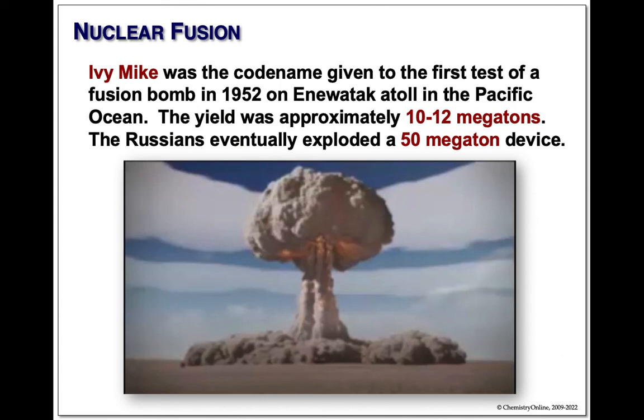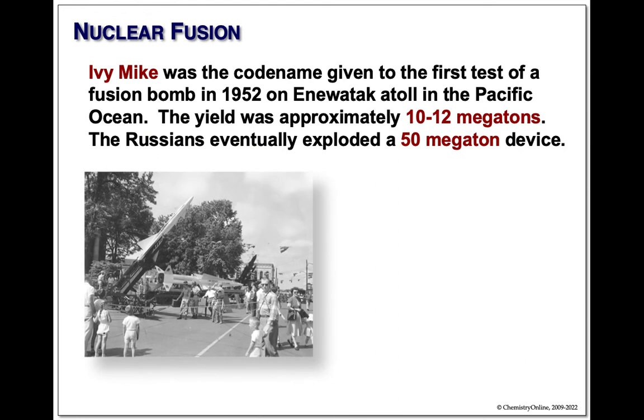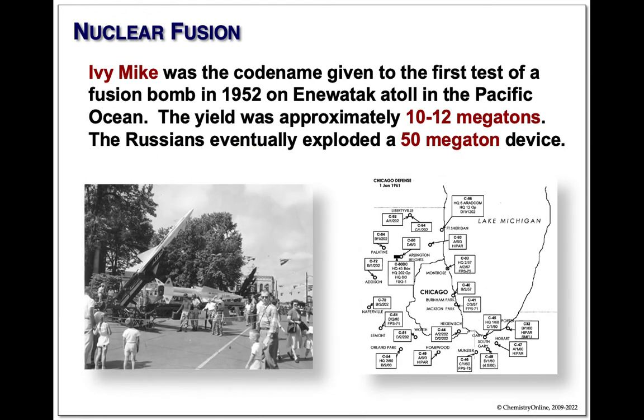And major cities like Chicago surrounded themselves with interceptor missiles. This is Lakeshore Drive. There's the Field Museum. And these are Nike missiles. They each had a kiloton atomic warhead in their nose cap. Each one.